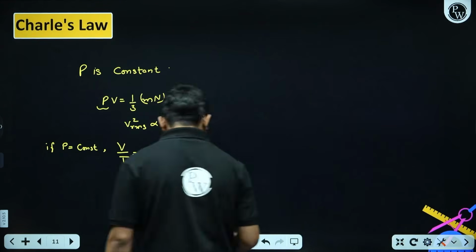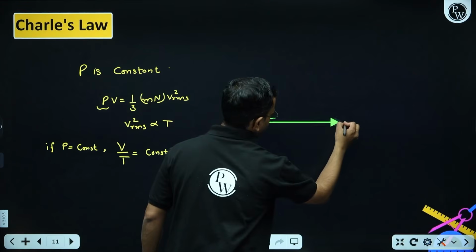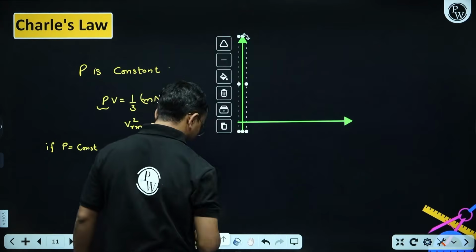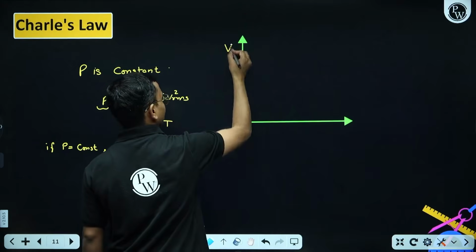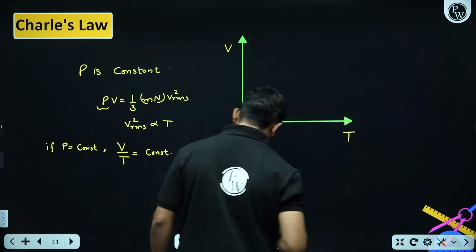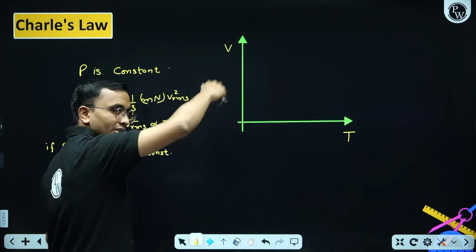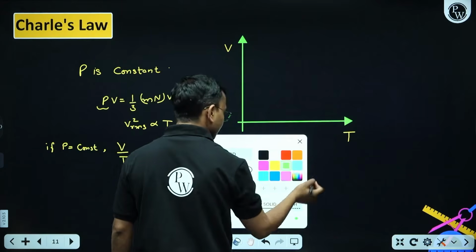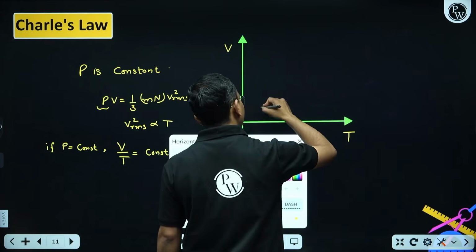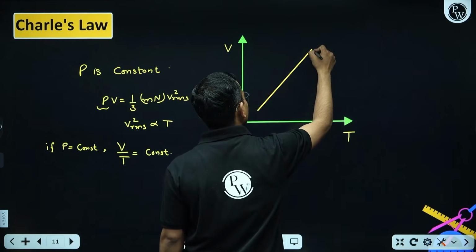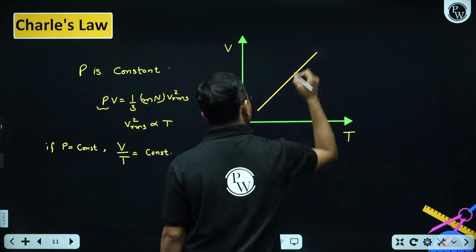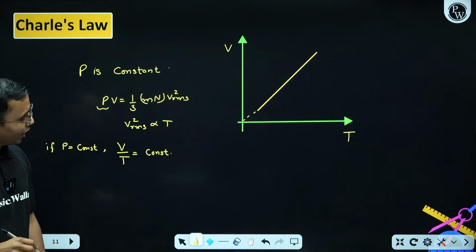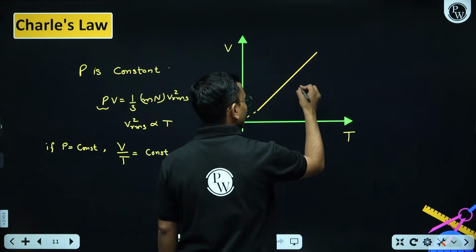Now if I draw the curve of V versus T, how will it look? Let us take here our volume, here our temperature. V by T is constant, so it will be a straight line passing through the origin, when the pressure is constant.